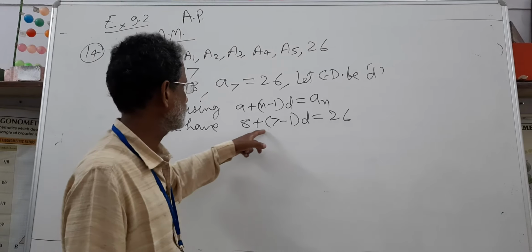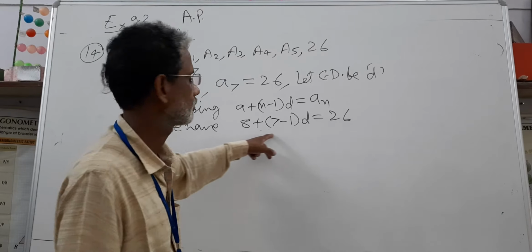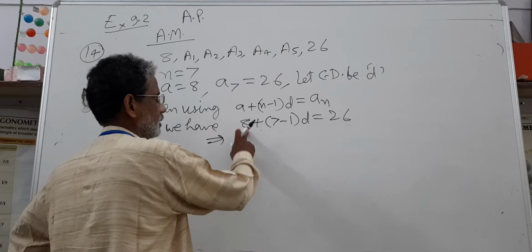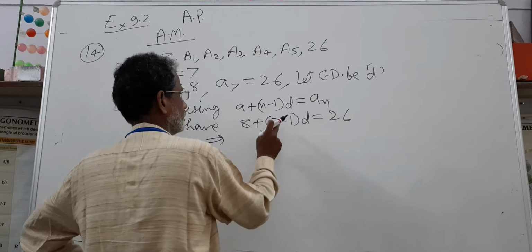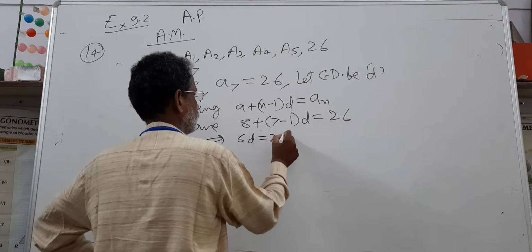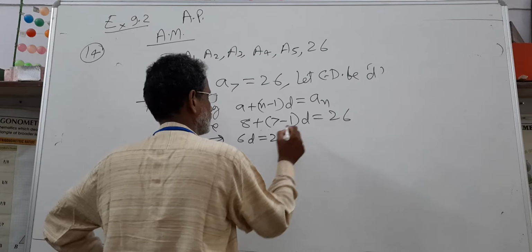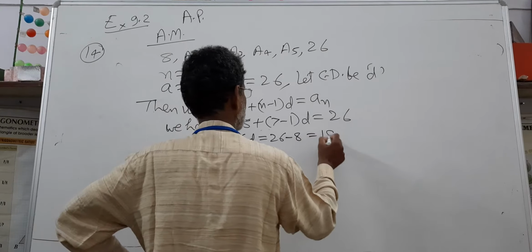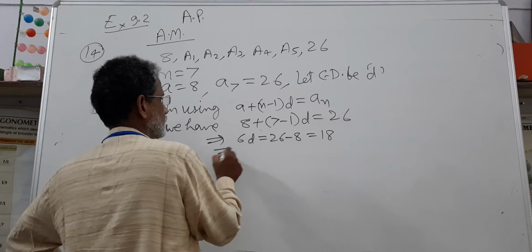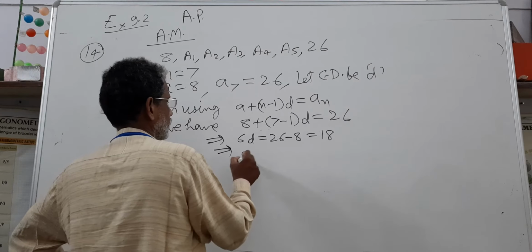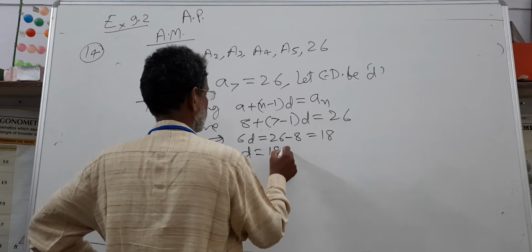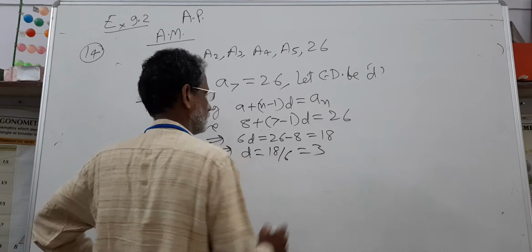Don't open this parenthesis. This implies send this 8 to another side. 7 minus 1, 6D is equal to 26 minus 8 is equal to 18. This implies D is equal to 18 by 6 equal to 3.